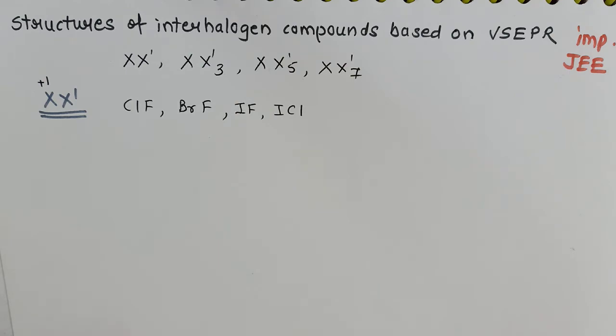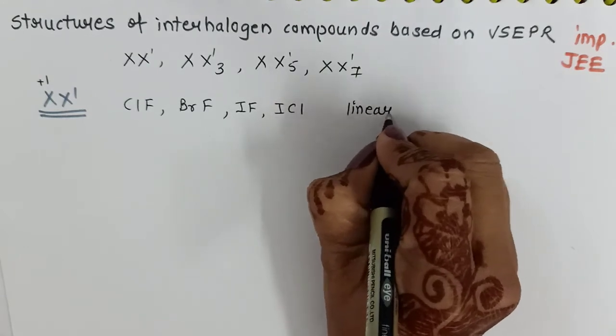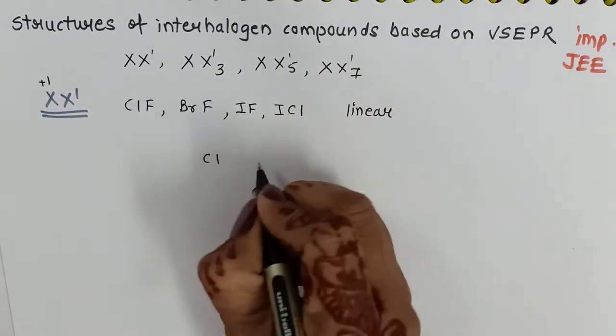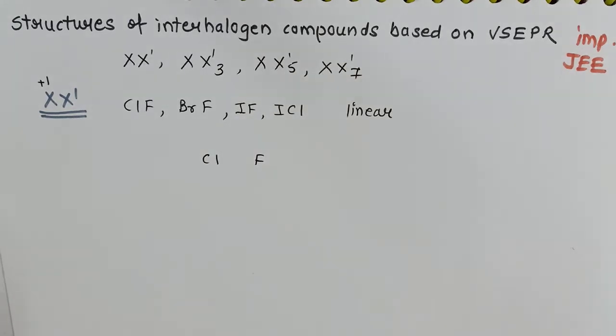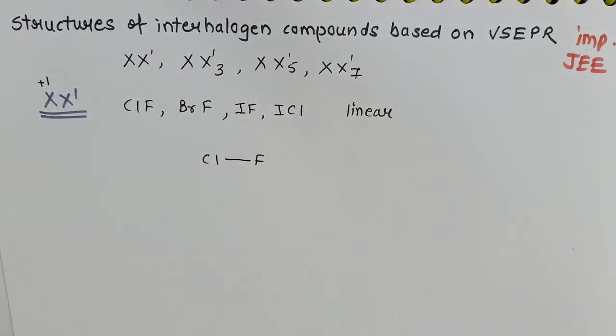Now what will be their structure? They will show linear structure. For example, ClF. Now there are 7 electrons in the outermost shell of chlorine and 7 electrons in the outermost shell of fluorine also. So they will be forming a single bond.